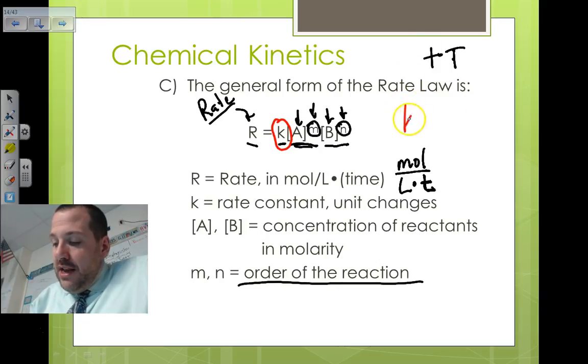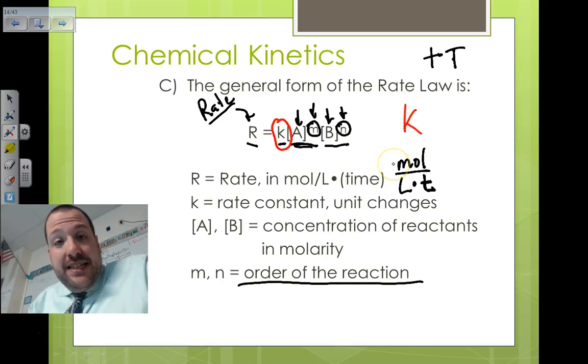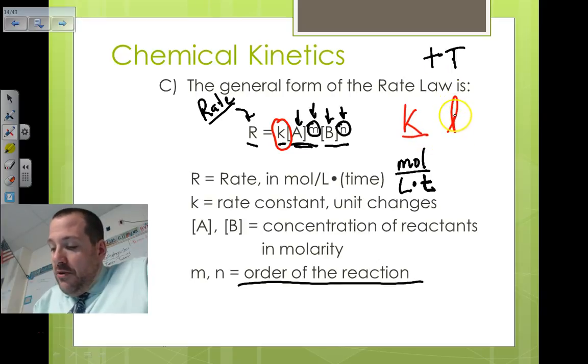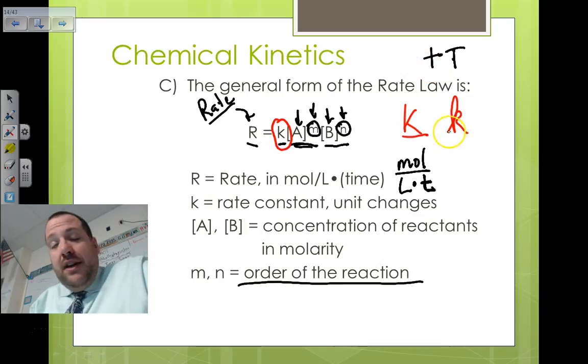When you write it, try to avoid writing a k that looks like a capital K. Capital K is the equilibrium constant, so you want to write it so that I know it's a lowercase k. I was taught to write it as a cursive, script k. That way it looks different than an equilibrium constant, and you wouldn't have to guess which one is which.